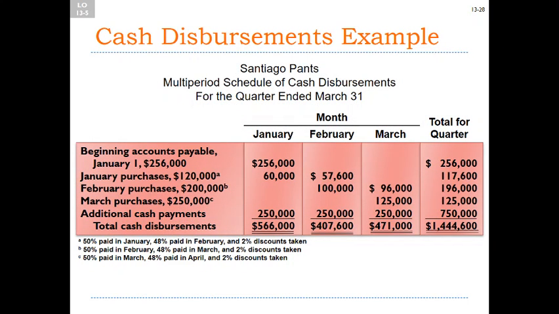And so there, in March, they've got more cash going out than coming in for the month. So they might have to do some short-term financing with a lender to take up the shortfall.